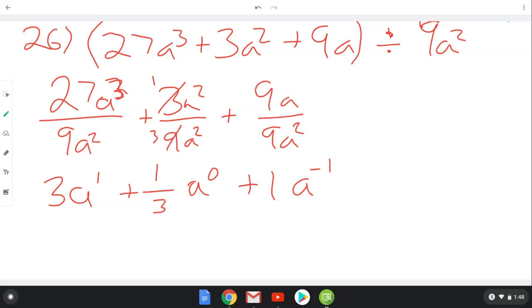So I wrote these all out because these are all things that we now have to simplify. So first of all, I don't have to write this 1. So I'm going to rewrite this as just 3a. Plus, a to the 0 is just 1. So I can just leave this as 1/3. That's fine.